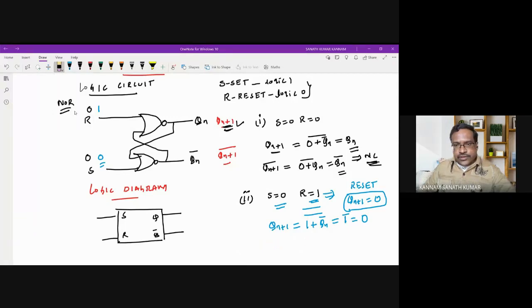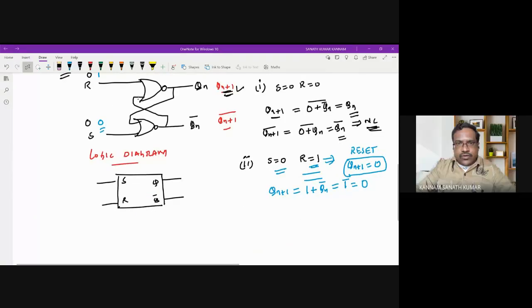Sir, will it get Qn bar? No. See here. So I'm analyzing this Qn plus 1 bar, no? So Qn plus 1 bar equal to what is the input? So if you want to find out the Qn plus 1 bar, so what you are getting? Qn plus 1 bar. So that means you will get 1.